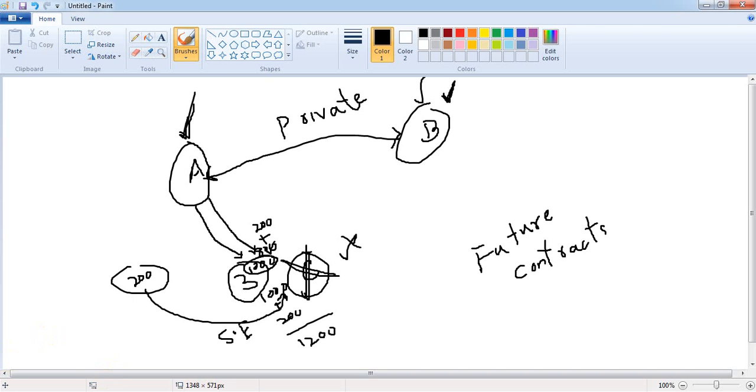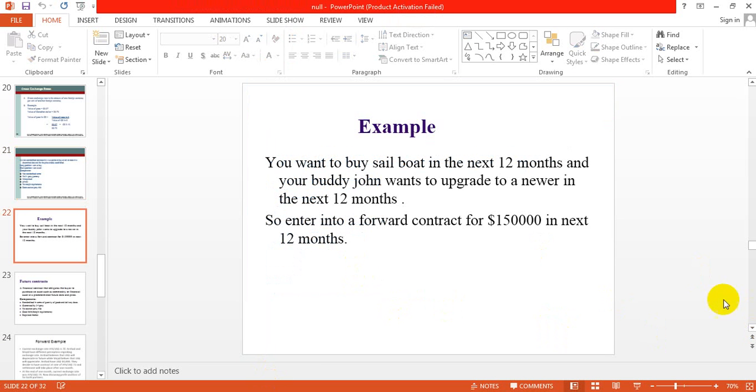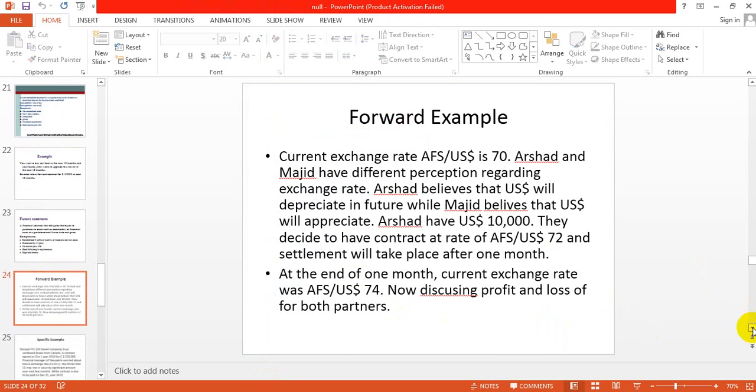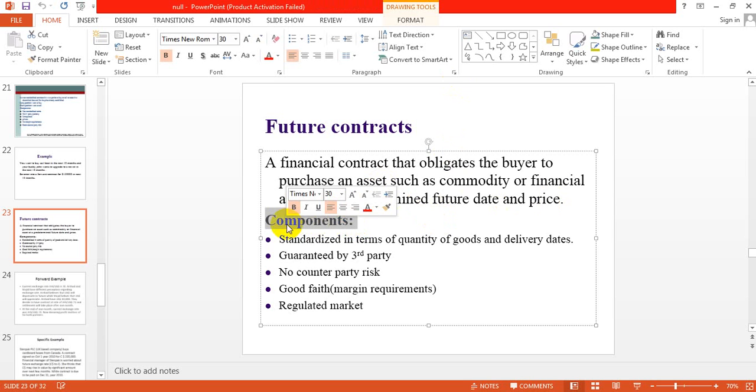Now the next contract, that is the future contract, is the same as this. We will discuss that. It is a financial contract that obligates the buyer to purchase an asset such as a commodity or financial asset at a predetermined future date and price. The same definition, but here some features are included that were not in the forward contract.